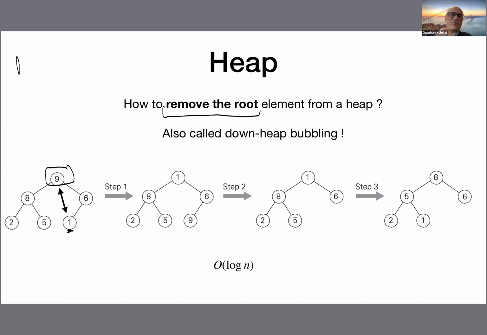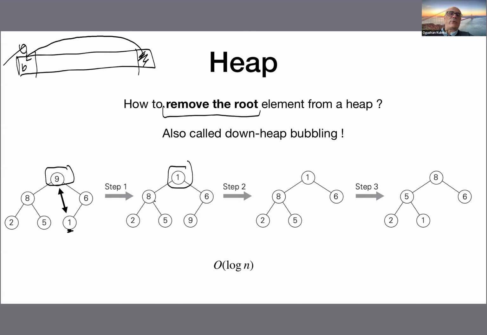In terms of the array representation, if you would like to remove 9, you take it out and move the last element to the root position. Surely, when you move the last element to the root position, the heap property will not hold. And then you need to check this new root with the children.